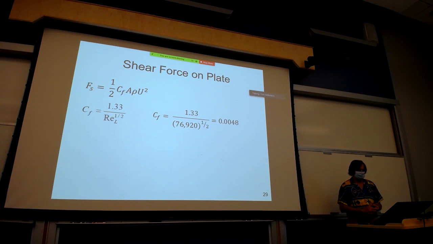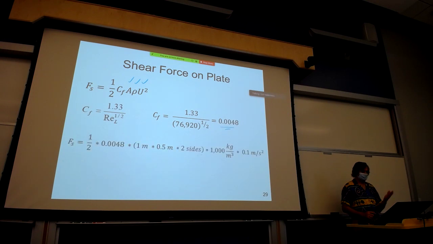We just calculated that to be 76,920. So 76,920 to the 1/2 divided into 1.33 gives us a shear stress coefficient of 0.004. Everything else in this equation on the right-hand side we know. So the shear force is 1/2, this is C_F, this is the area of one side.